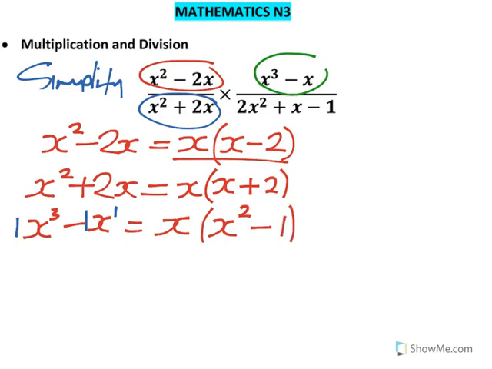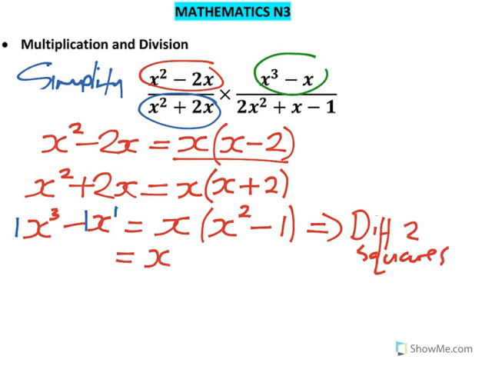Now, this must ring a bell to you, because when you say x squared minus 1, you must always remember it is a difference of 2 squares. If you still remember the previous lesson, this is a difference of 2 squares, and it goes further as x squared minus 1 squared, because when you square 1, you still get a 1. 1 times 1 is a 1, but I'm doing it so that you can see it's a difference of 2 squares.